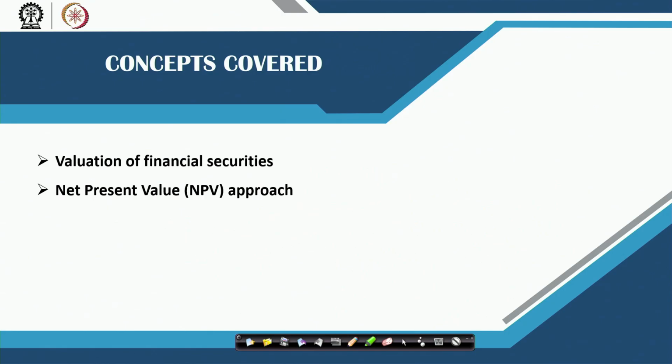The topics that we are going to cover today are the simple approaches of net present value and how valuation decision making can be done using the net present value of different nature.